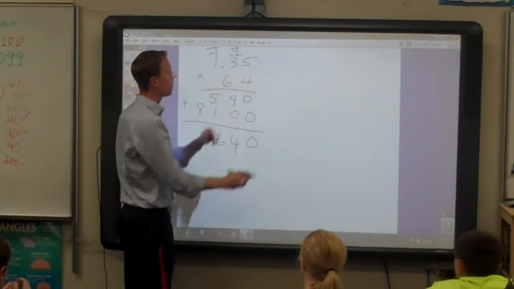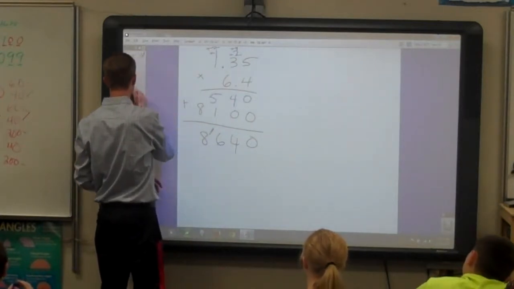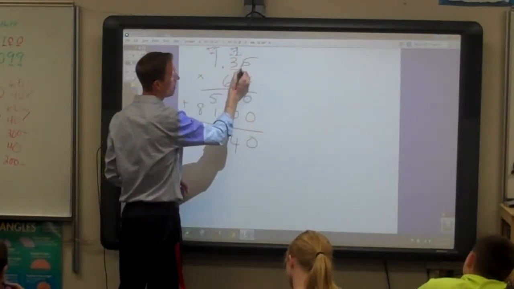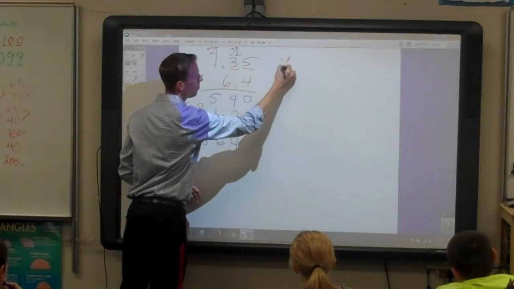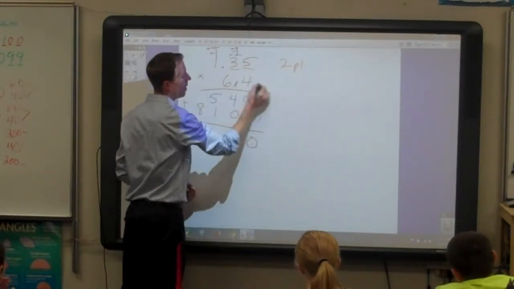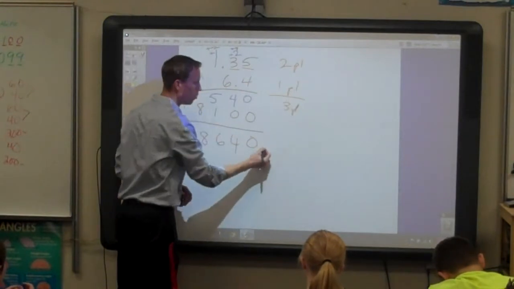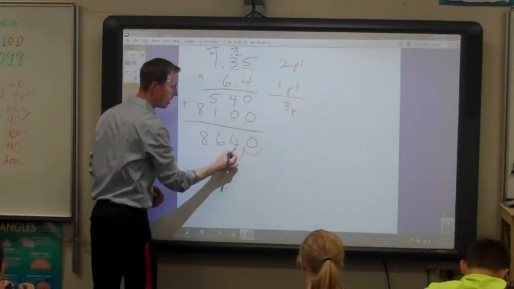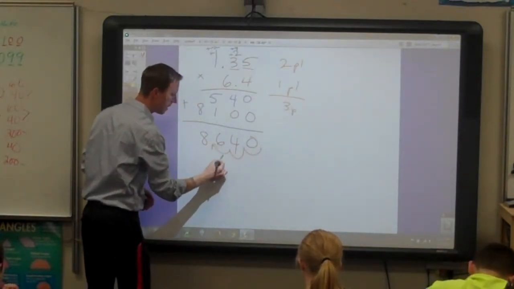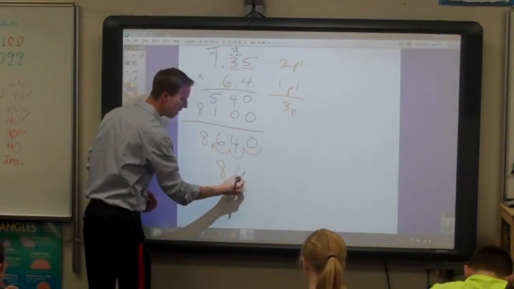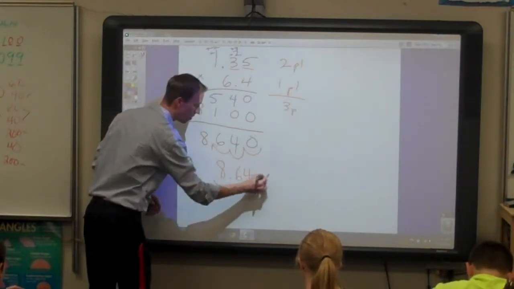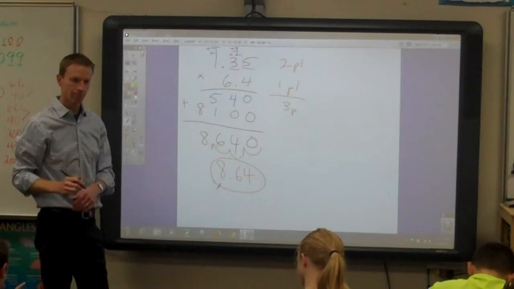Now we go through and count the number of places that are behind the decimal point in this number. There are 2 places and 1 place, 3 places. We've got to move the decimal point in 3 places. So the answer is 8 and 64 hundredths.